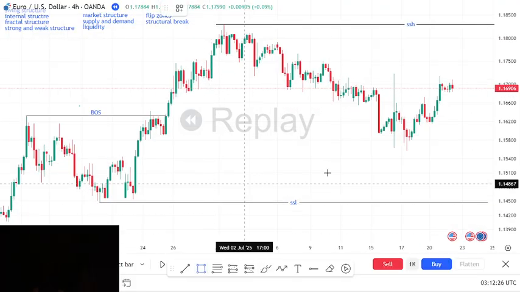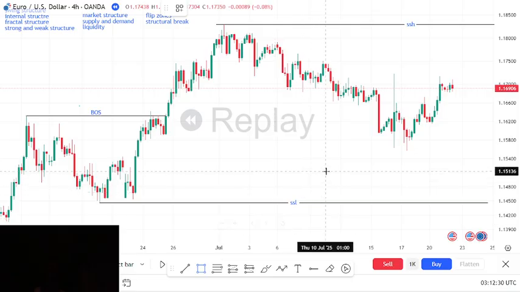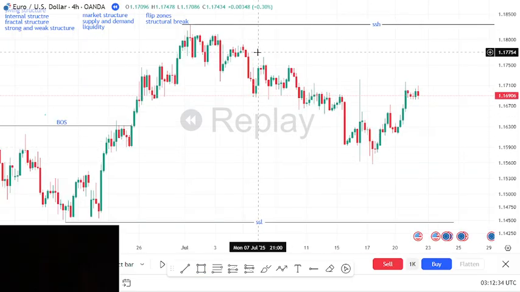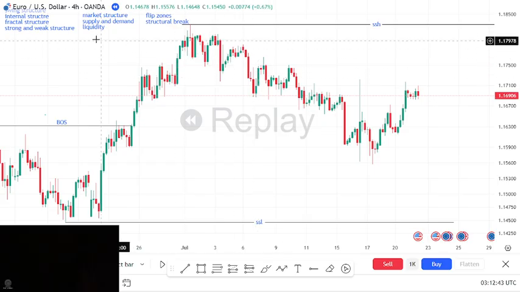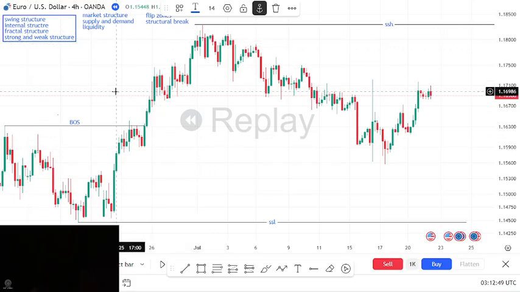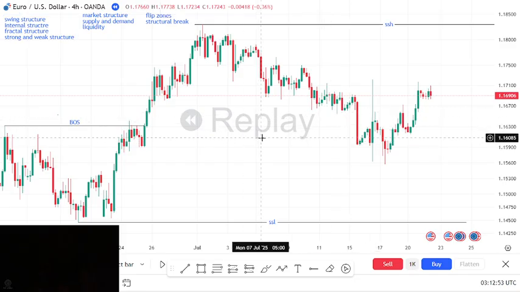But cool. Now when price breaks this one, we expect a pullback. How do we know the pullback is happening, or how do we even expect this pullback? Looking at this, you expect it when the fractal, internal and swing structures come into place, plus the weak and strong structures.